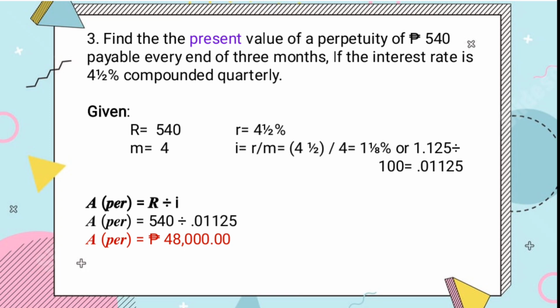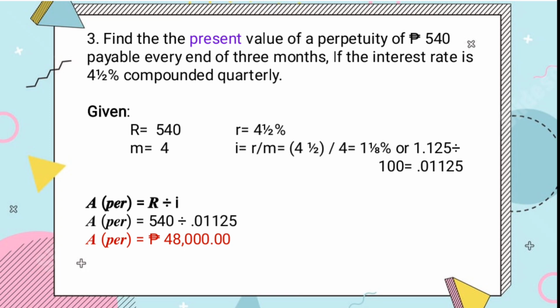So, divide the 1.125 by 100 to get the decimal form, which would be 0.01125.